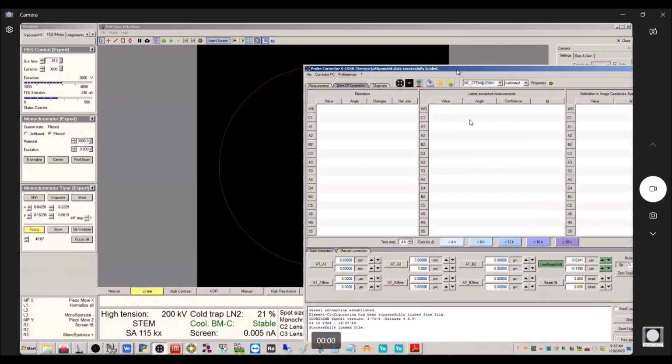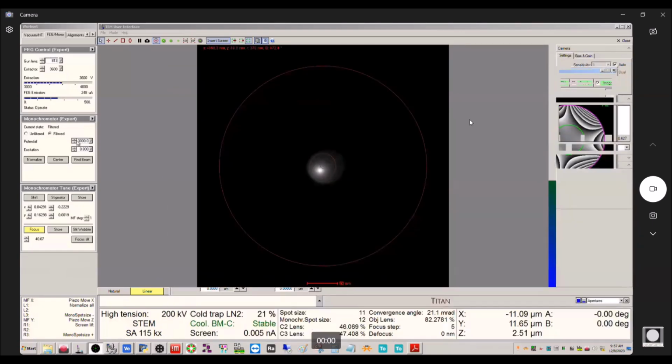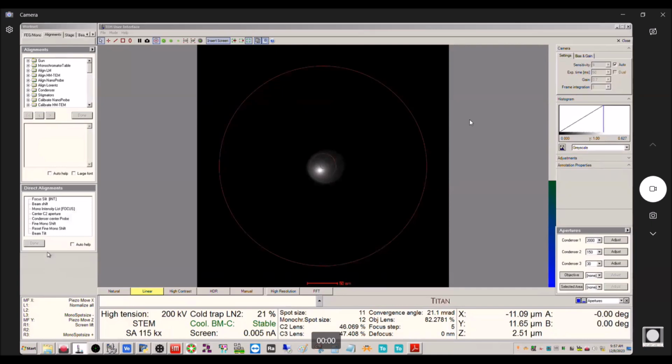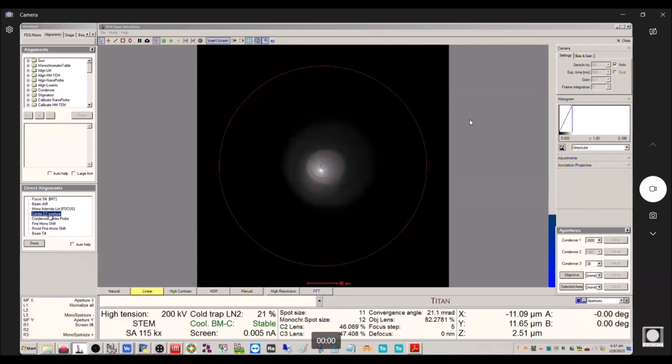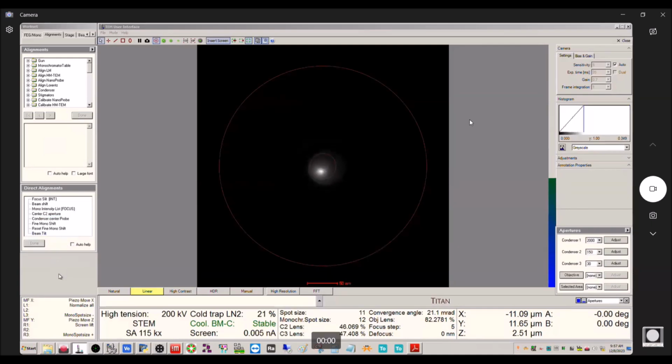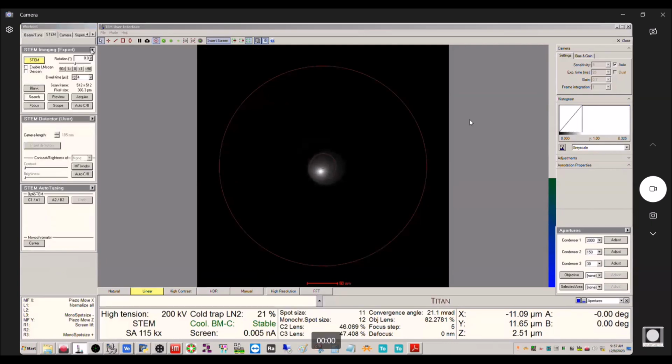Okay, so now what we have to do is center C3. Now I don't think there is, if we do center C2, is it going to wobble? It's a good question. It doesn't say which one it's wobbling, so it's not going to help here. We can click done here. If we have this now set intensity and objective, yeah.